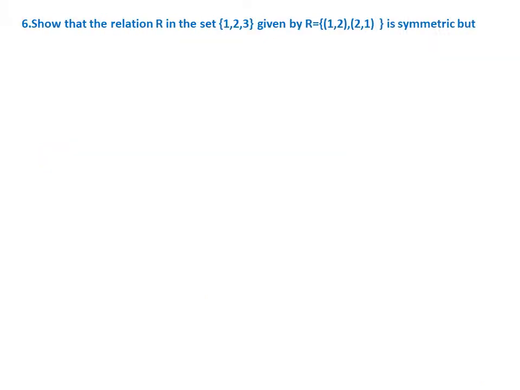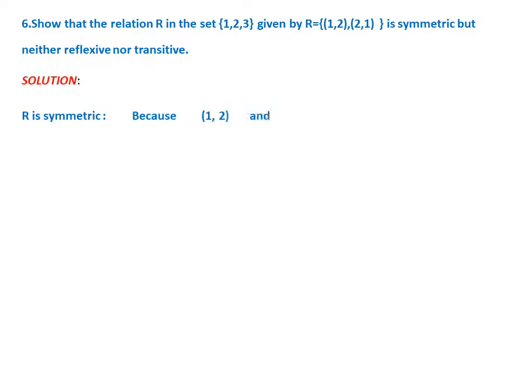Sixth question, I have left some questions which are identical. Show that the relation R in the set {1, 2, 3} given by R = {(1, 2), (2, 1)} is symmetric, neither reflexive nor transitive. Very simple case. R is symmetric because (1, 2) is there, (2, 1) is there. So only two elements, so definitely it is symmetric.